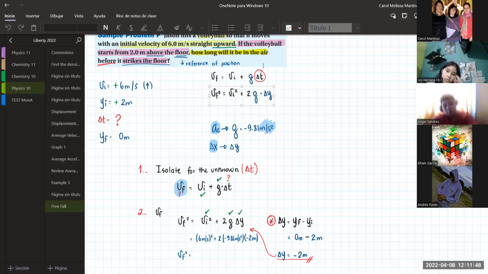So 6 meters per second squared is going to give you 36 meters squared per second squared. And here, how much is 2 times negative 9.81 times negative 2? How much is that?